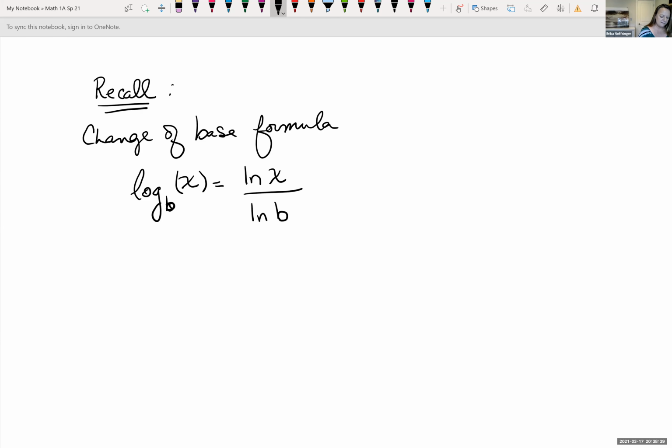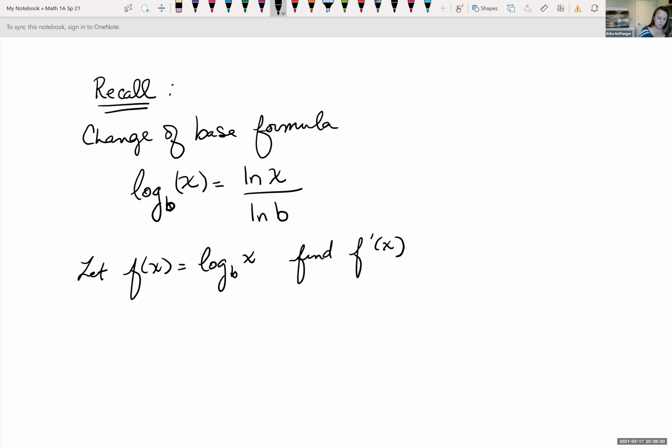So we're going to use that fact in order to find the derivative of this. Let f of x equal log base b of x, and we want to find f prime of x.